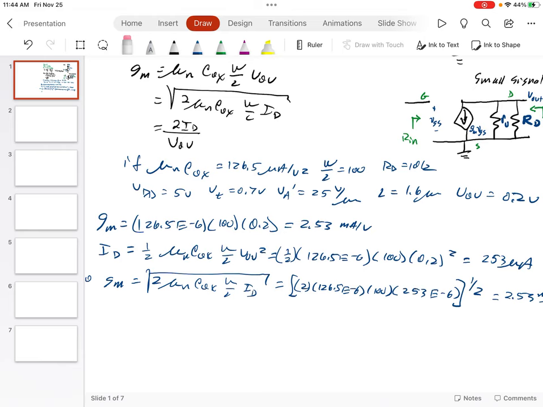Let's go back to blue. So for R naught, we've got VA prime times L over ID prime. And so that equals, that VA prime is 25 volts per micron.